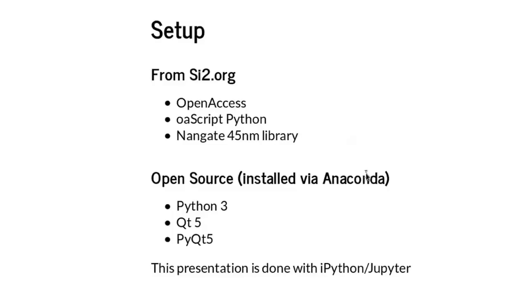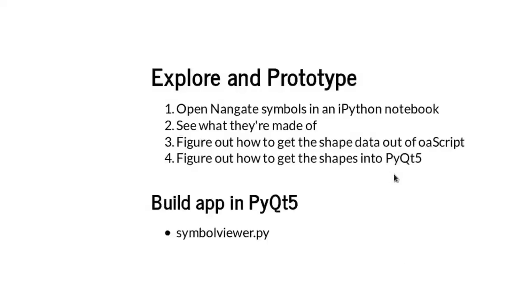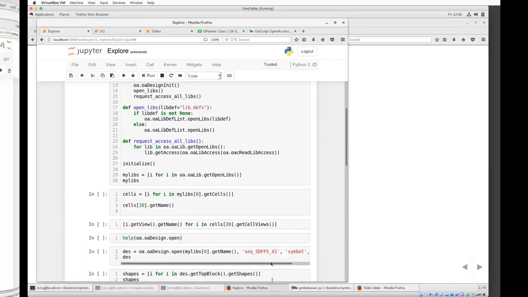From the open source side, I'm using Python 3, actually Python 3.6. I'm using Qt5 and PyQt5, which is the Python bindings for Qt. All these were installed via Anaconda, and it made it really simple. In addition to that, this presentation was done with IPython, also known as Jupyter, installed through Anaconda.